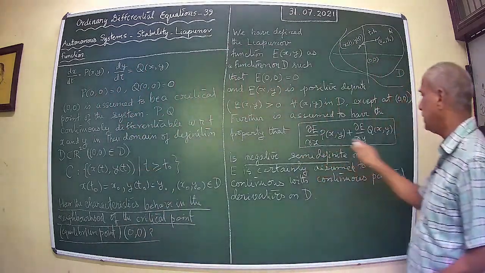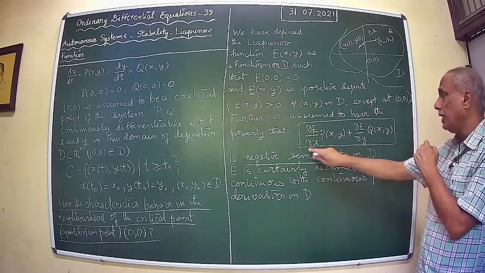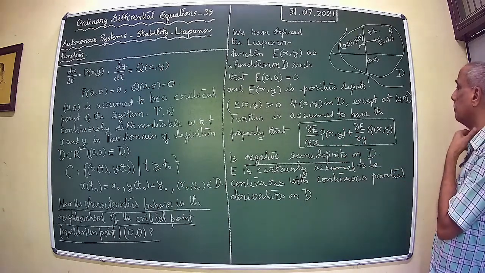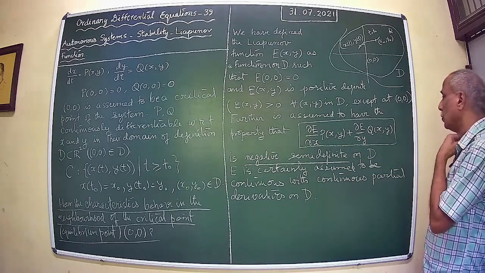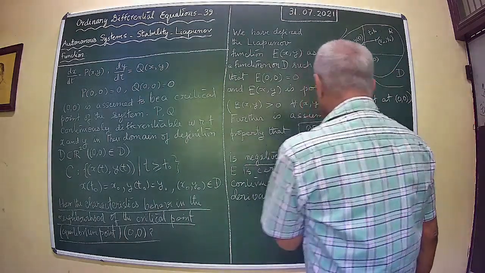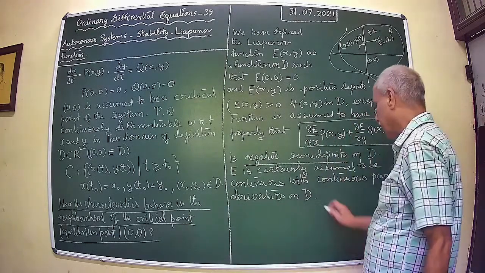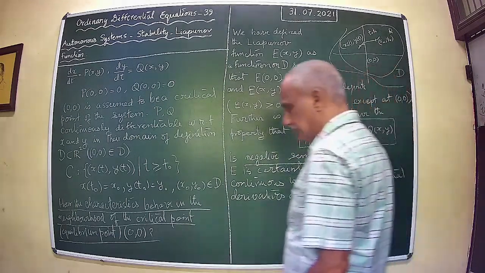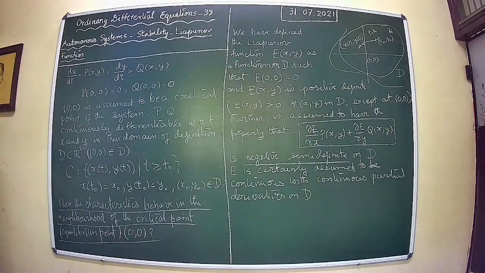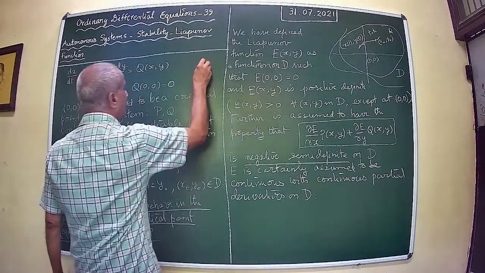So the crucial condition that we want E to satisfy is this: dE by dx P plus dE by dy Q is negative semi-definite on D. Okay? If such a function exists, then you call this the Liapunov function for the problem.